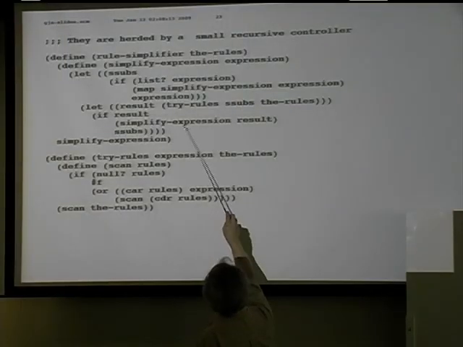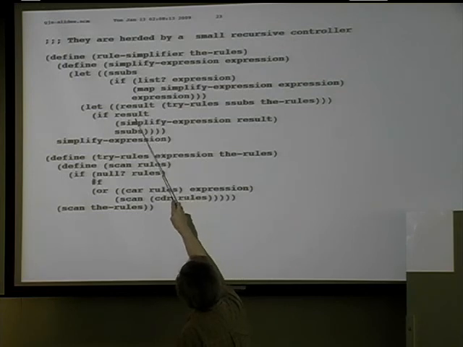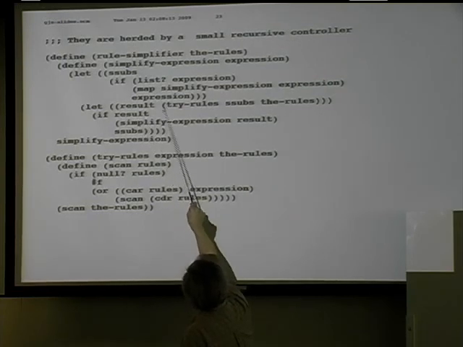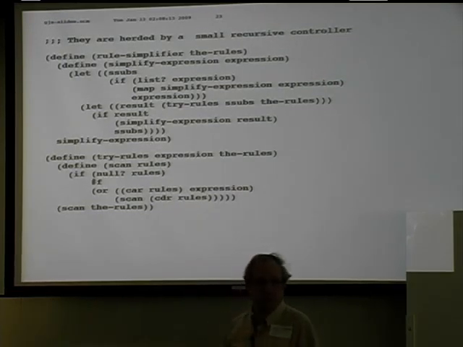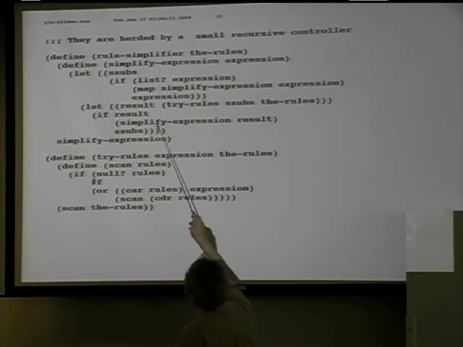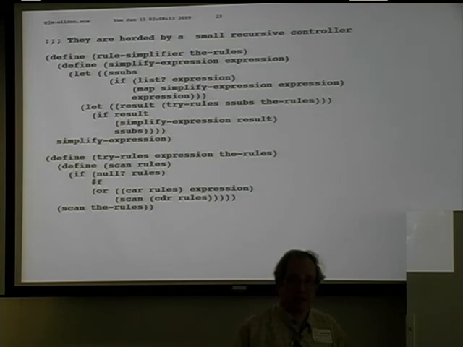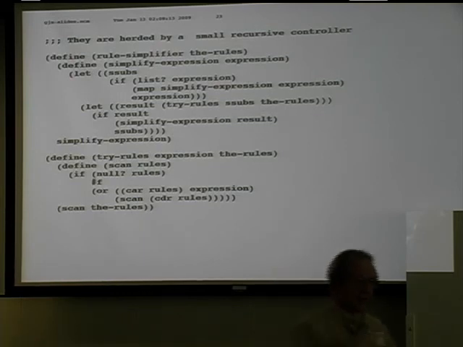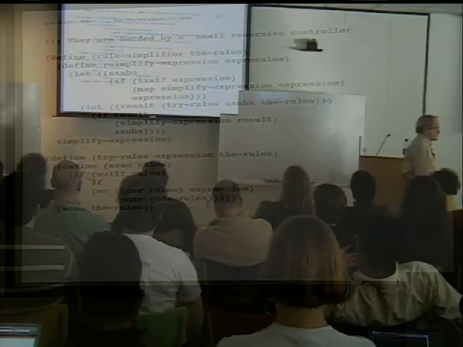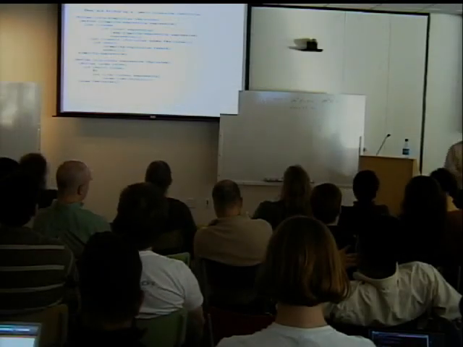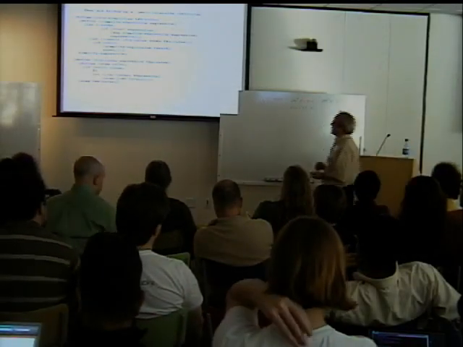So that's what that's doing. And if I get some result out of that, if I don't get a failure, then I have to resimplify that result because it may have changed a lot of things. There may be further simplifications to be done as a consequence of a simplification. Of course, a complication is what often happens. Simplifiers are not easy.